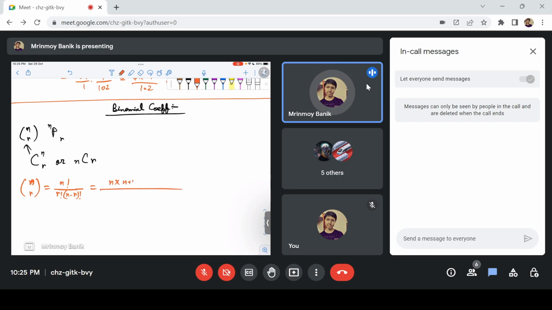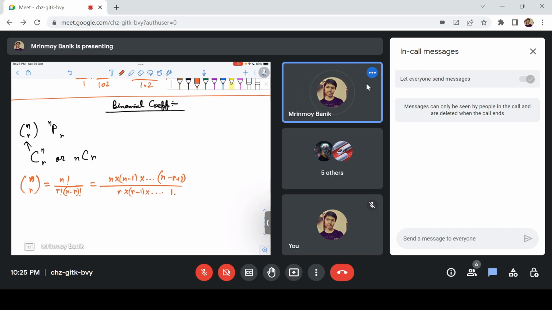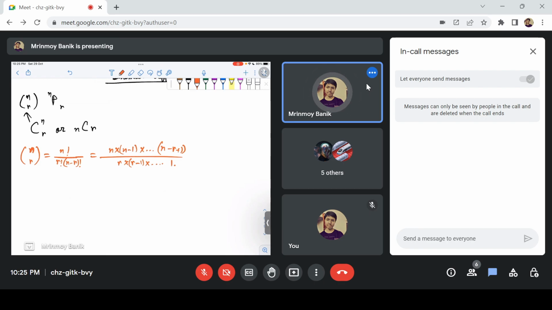It's n into n minus 1 up to n minus r plus 1, by r into r minus 1 up till 1. So r factors in the numerator and r in the denominator. And nPr instead is n factorial by n minus r factorial.